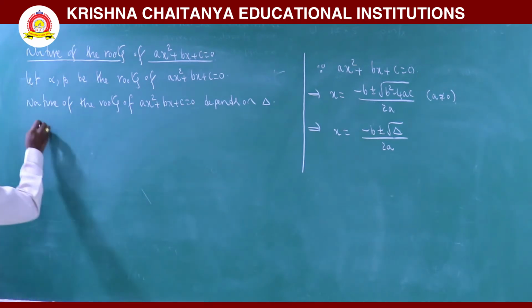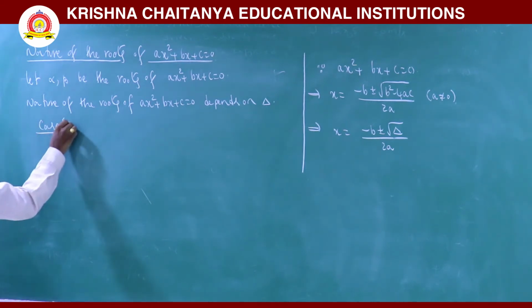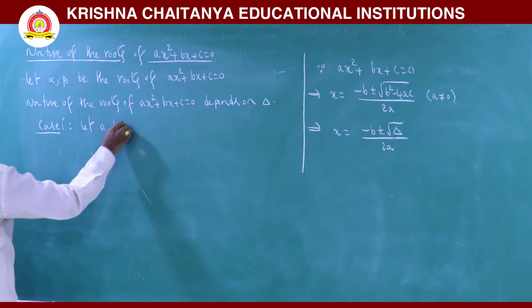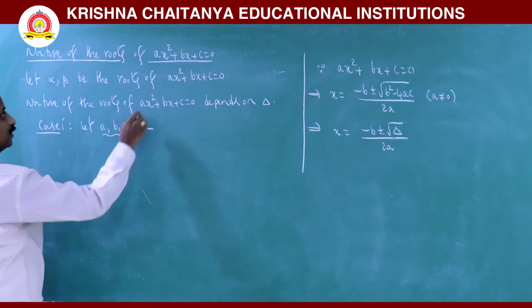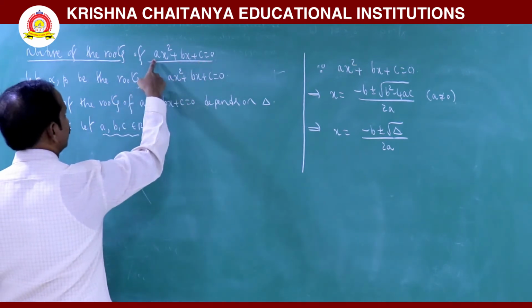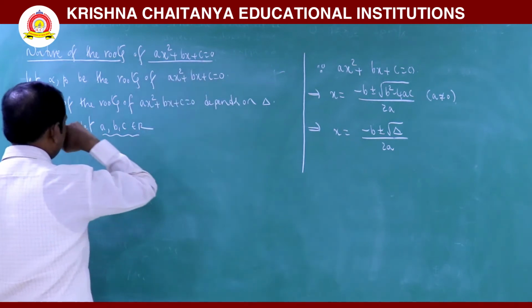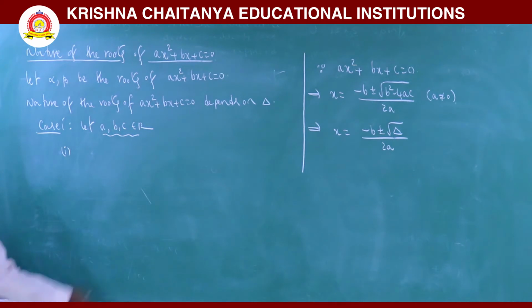Now in this there are two cases. Case 1: let a, b, c belong to real numbers, which means for the respective quadratic, the coefficients a, b, c are real. In this there are 3 sub-points.